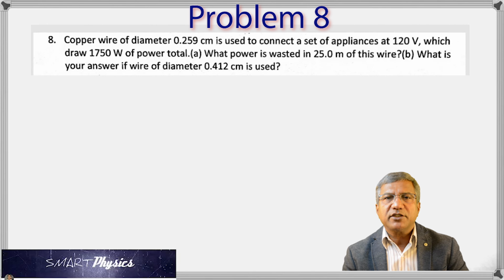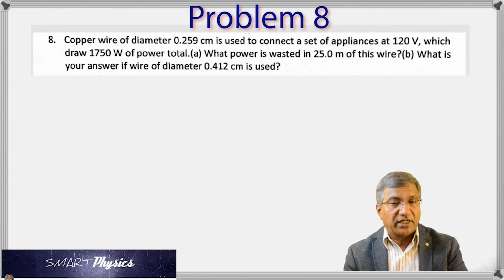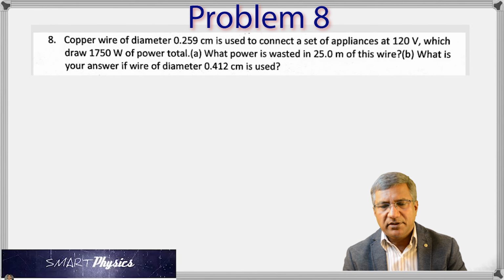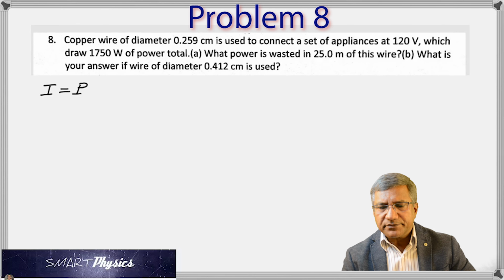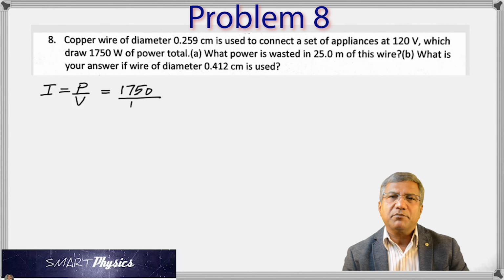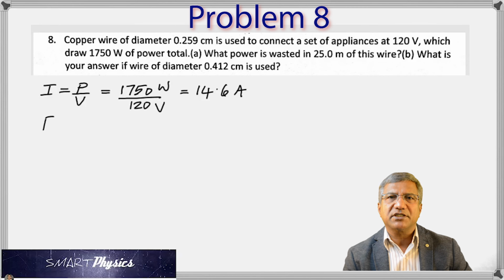So in this case, we have 25 meters of the cable connecting. It's not an extension cable here. But nevertheless, there's going to be a lot of heat produced. So let's find out the power wasted. So the current is the power divided by voltage from the power formula, and we get the current as 14.6 ampere.